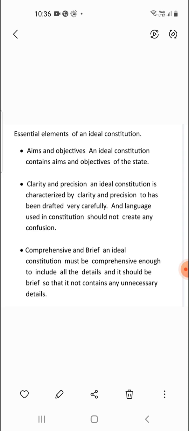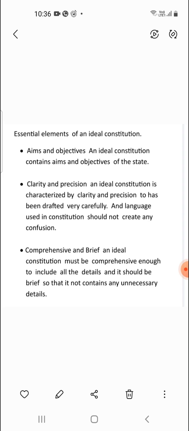Next point, organs of the government. An ideal constitution always contains the outline of the organization, powers and functions of the legislature, executive and judiciary. As you all know, these three organs are very important for the government to function well.